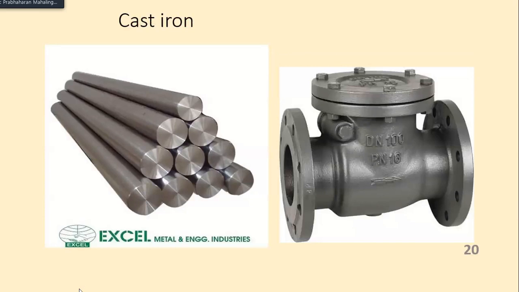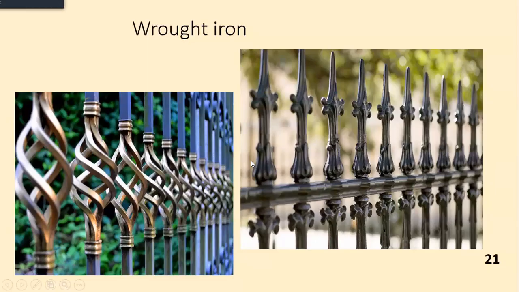Cast iron, carbon steel, right? Wrought iron was used in earlier, very old houses, our gates. Wrought iron has around 0.25% carbon, and you can increase it up to 0.5%.